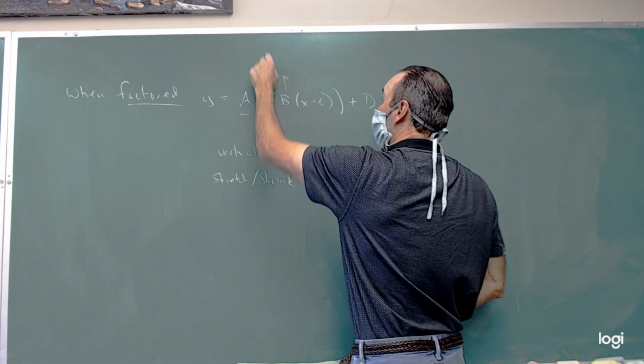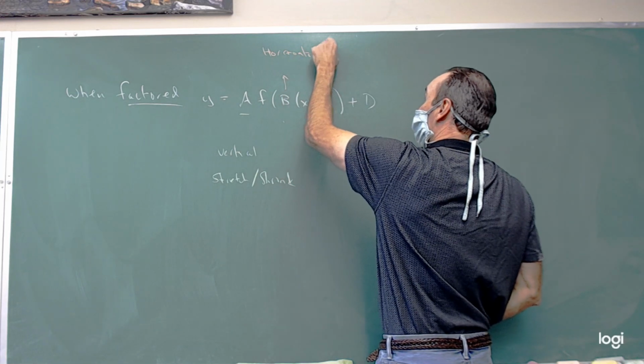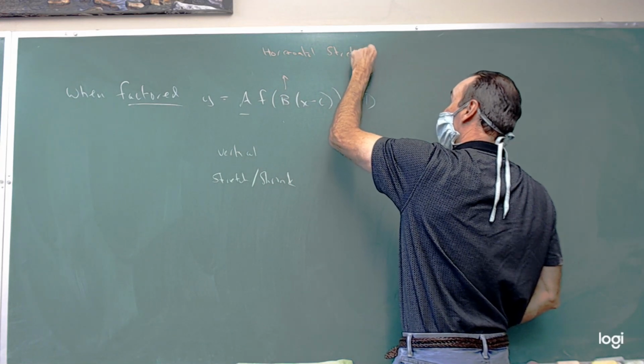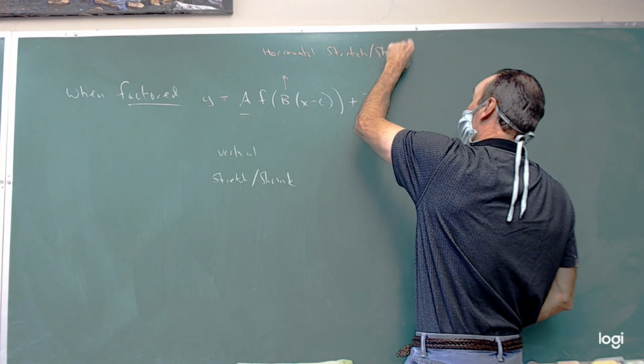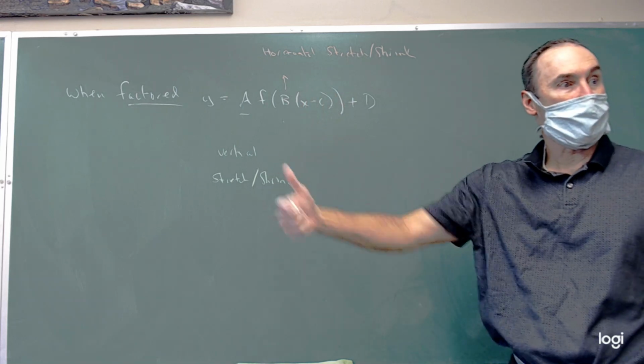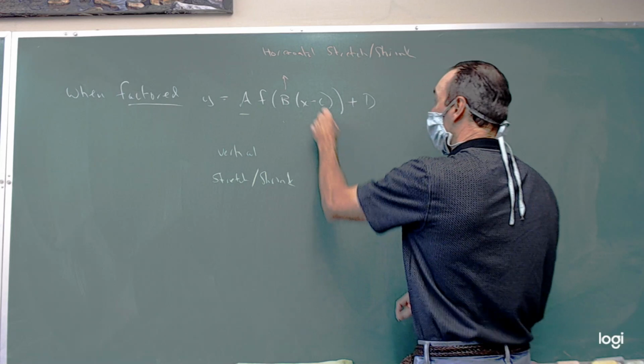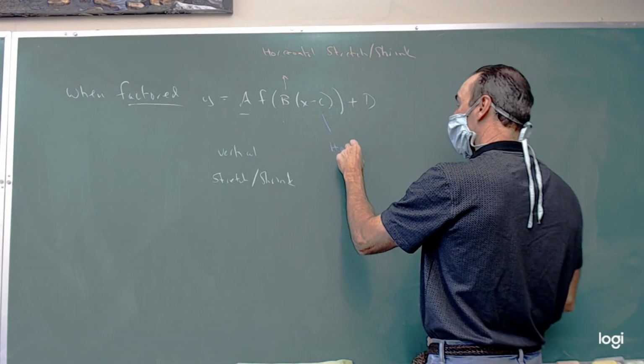The b is going to be the horizontal stretch or shrink. But you have to remember, this is the one that's counterintuitive. A bigger b is going to be a shrink, and a smaller b is going to be a stretch. The c is going to be that, as always, horizontal translation.